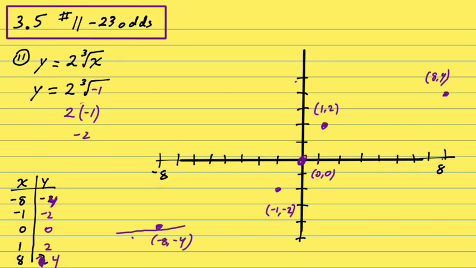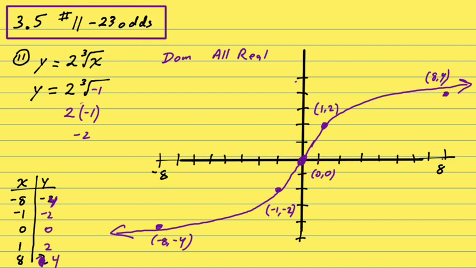So it's going to look like all third roots do, but it's a little elongated, a little bit larger. And here's the sketch for number 11. We're supposed to graph it, label, state the domain and range. Domain is all reals, because you can take a third root of negatives.